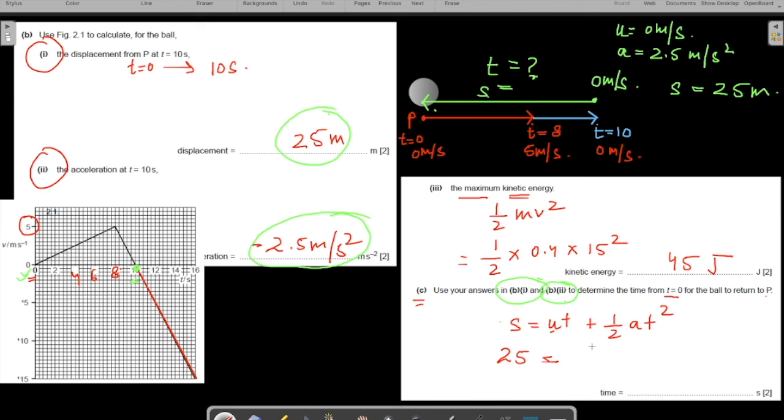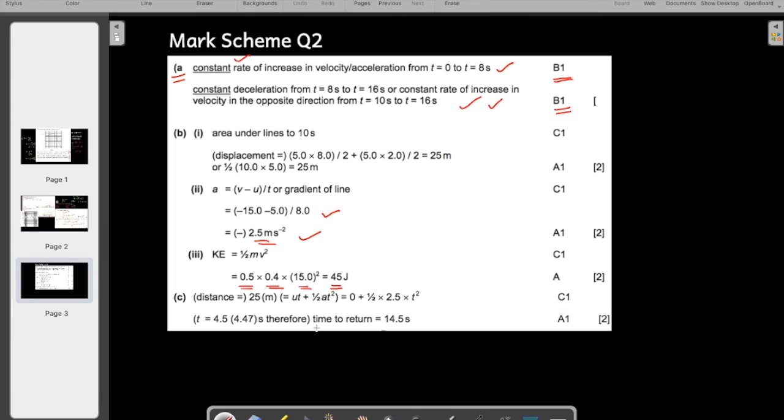Because u is 0, this first part becomes 0. So it becomes half a, which is 2.5, times t square. So you can solve this whole quadratic equation and find the value of t. Let us see if we are doing everything correct. Yes, we are doing everything correct.